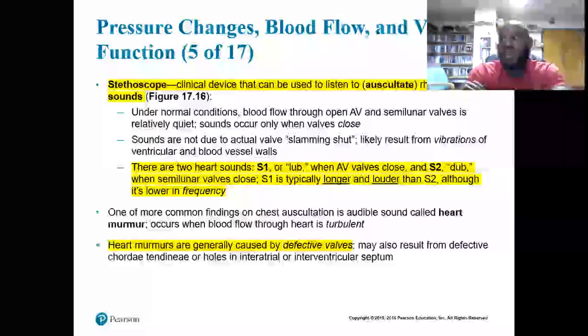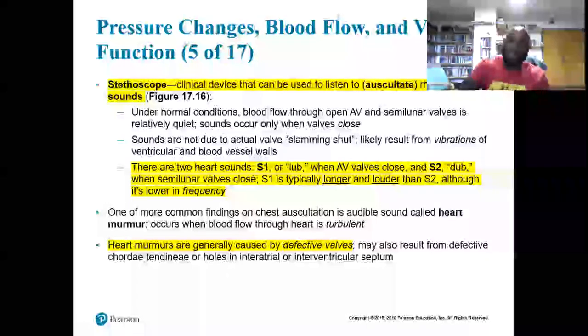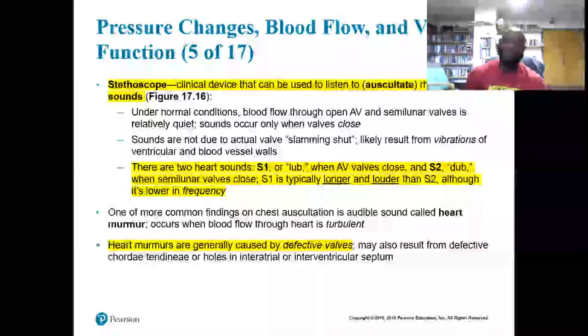Remember, we talked about valves not closing all the way, and stenotic valves, valves that have become calcified and maybe have difficulty closing. Also, you can have defective chordae tendineae, the heartstrings, the tendons connected to the papillary muscles, or you can have holes in the interatrial or interventricular septum.